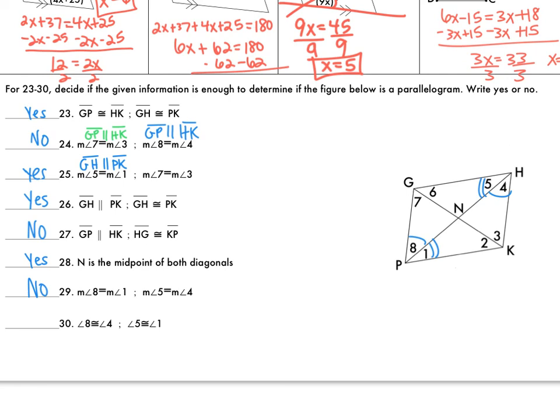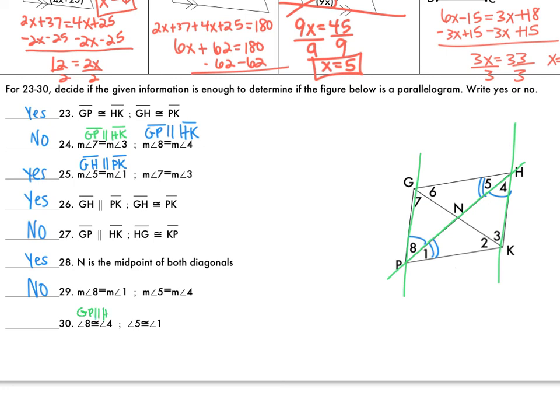So let's look at the transversal here. So I know if I draw this one here, and let's look at 4 and 8. So for 4 and 8, if I draw the other two lines that form it, I can see that alternate interior angles are congruent.